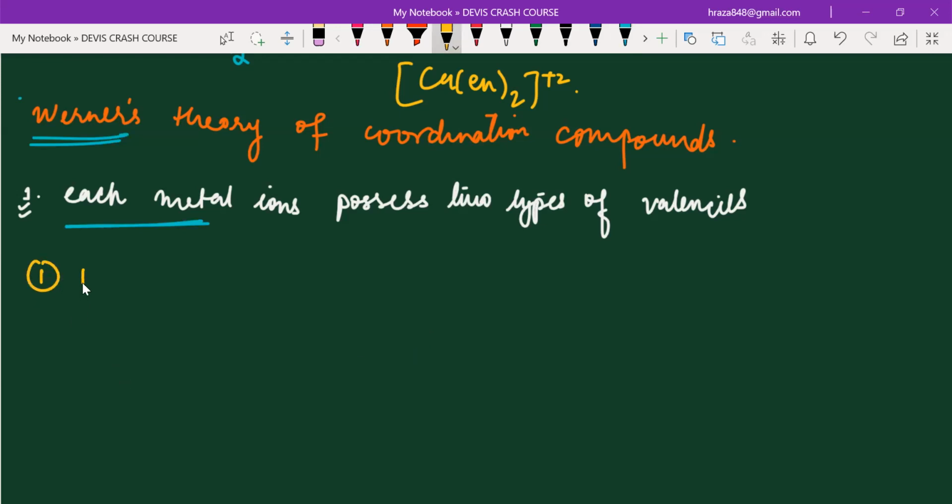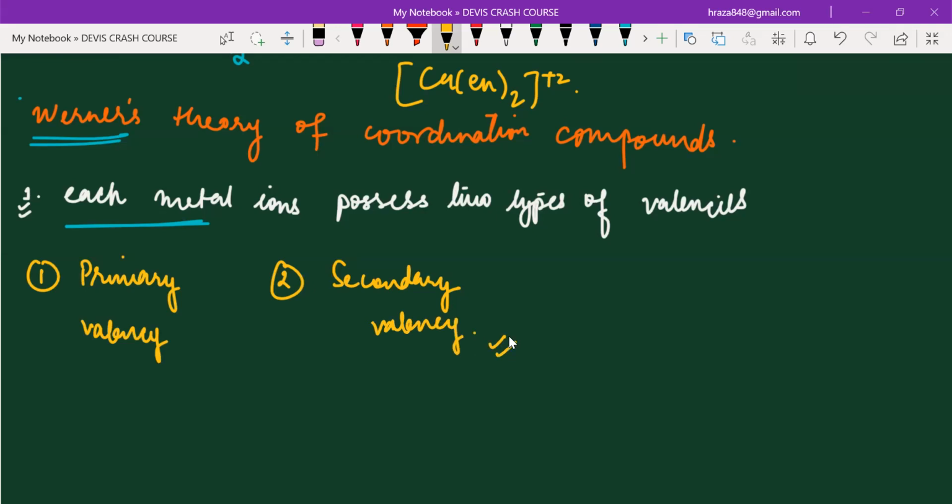The first one, I already told you, is a primary valency, and the second one is your secondary valency. Are you getting my point? This primary valency is ionizable.